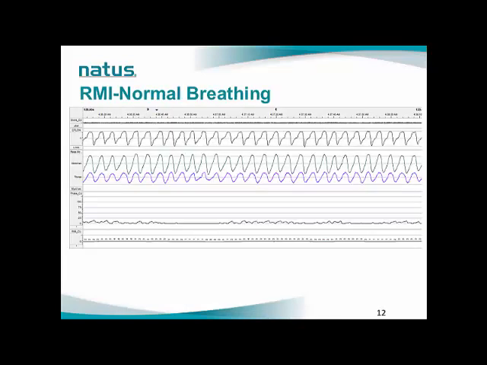In this slide, we have the snore channel, the CPAP flow, thoracoabdominal traces, phase, and RMI. Looking at the CPAP flow, it's evident that we have a sinusoidal breathing pattern with no distortion on the peak flow, which already has a normal contour.